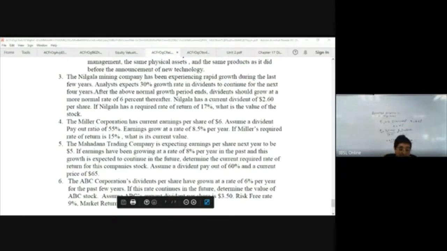That is the equation. D1 is 3. K we don't know, K we have to calculate, minus 0.08. G is 8%, so it is 0.08 in decimal form. Then you get the equation: 65 is equal to 3 divided by K minus 0.08.